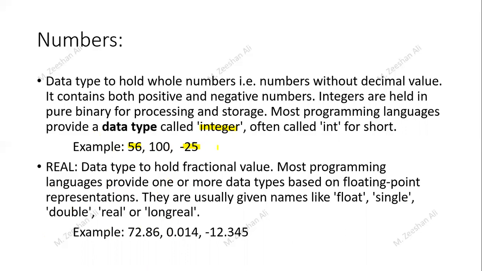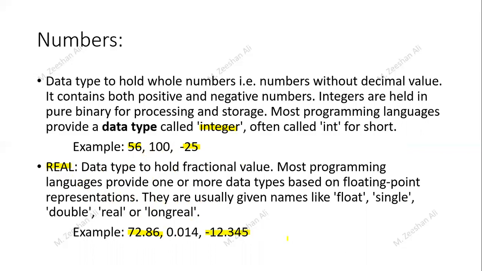Means if you have declared a variable and its data type is integer, and afterwards you want to store 2.5 into it, it is not going to be stored in it. Okay, for storing the decimal values, we have the other type that is called real, or it is also called float. You can use both the names, and these values can also be positive fractional values and negative fractional values.